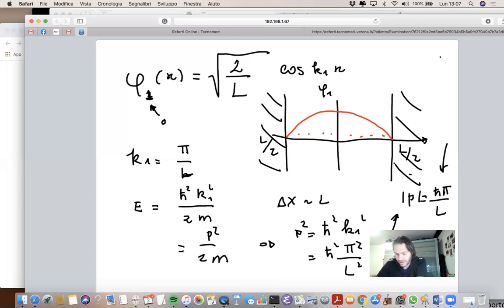So the typical uncertainty in the momentum is twice this modulus, because it could be this or the opposite of it. In fact, it is not even a discrete value. I don't even know what the momentum is. What I basically know is the kinetic energy of the particle, and from the kinetic energy I can interpret this as the momentum. So I know that the momentum is typically of the order of this quantity.